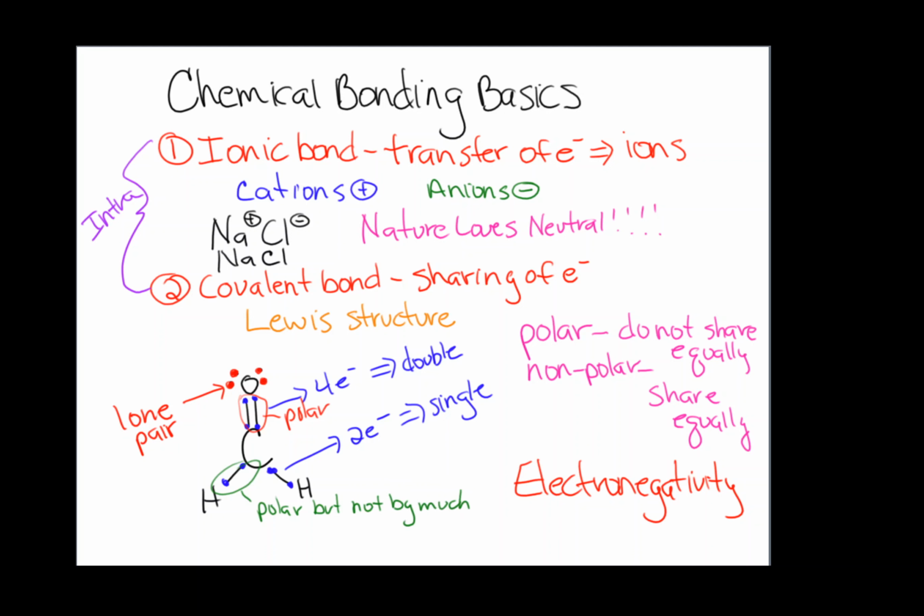So in the organic world, we tend to call it a nonpolar bond. But by the basic definition, that would also be considered a polar bond. And again, when we get into the Lewis structures, we will deal more with polar and nonpolar. But that is chemical bonding basics in a nutshell.